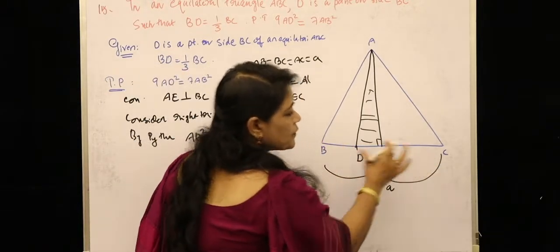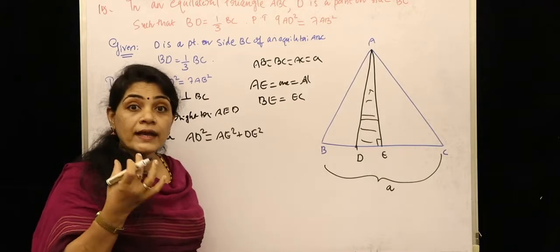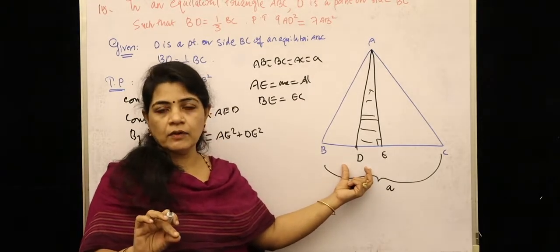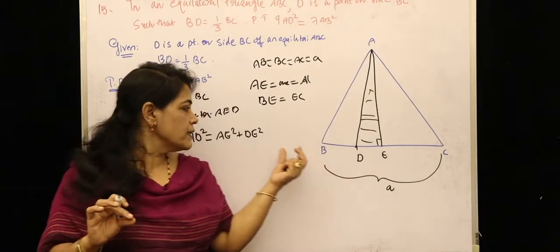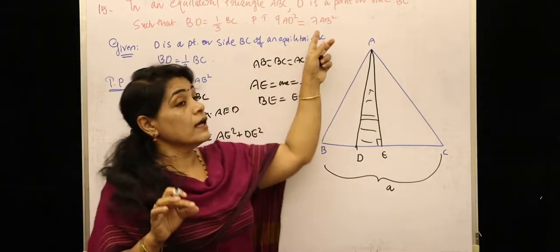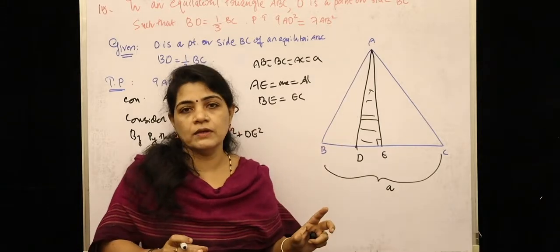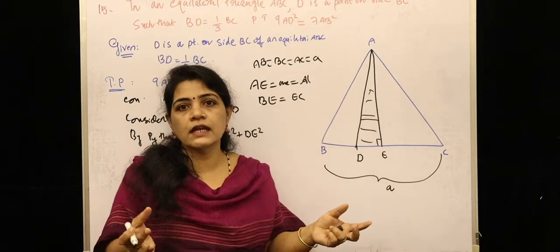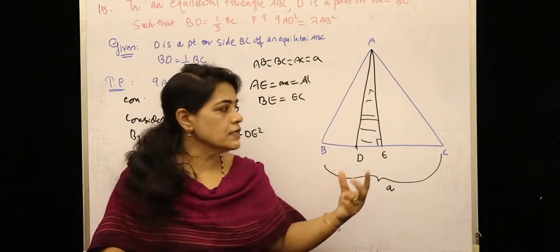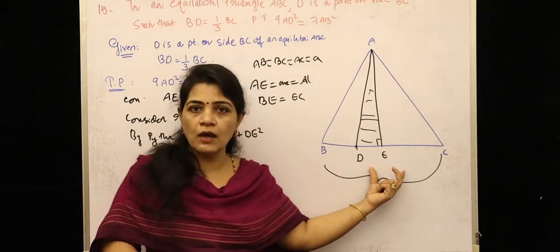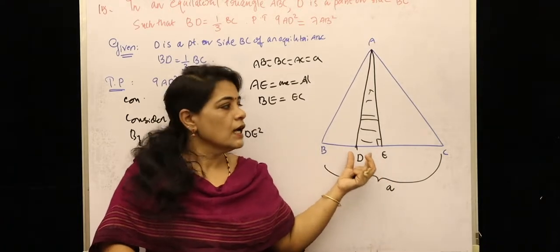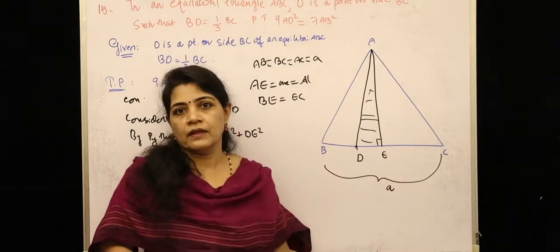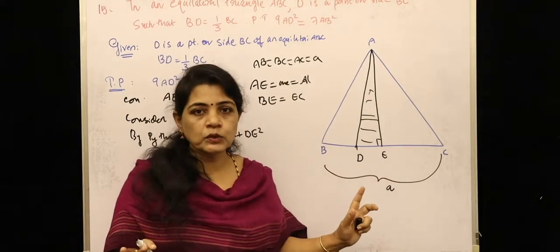Can you express this BE in terms of BC? Because we need the answer in terms of one of the sides of the triangle ABC, either AB or BC or AC, since it's an equilateral triangle, all are the same. Since we are working on side BC, we are representing BE in terms of BC.